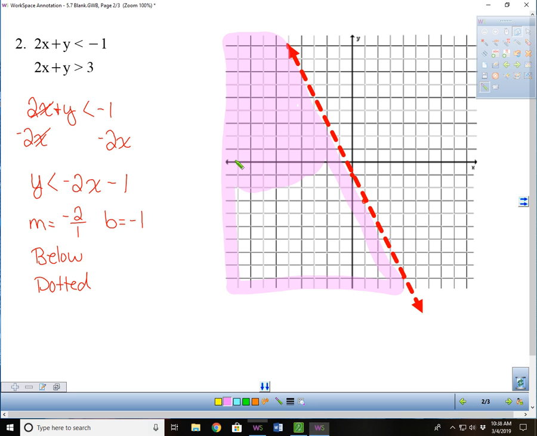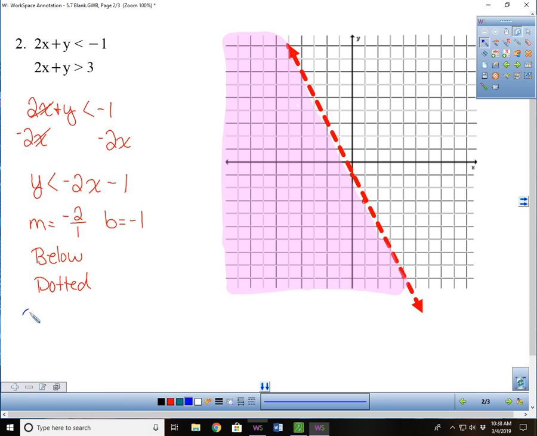And remember, don't shade too dark because you're going to be looking for the part where you overlap your two shades. Okay.